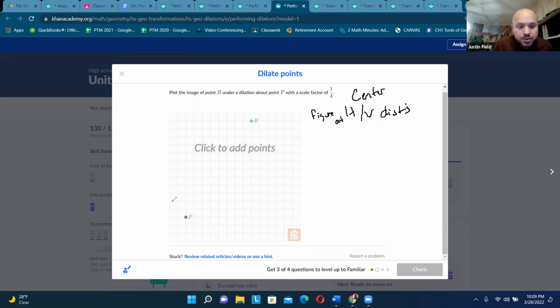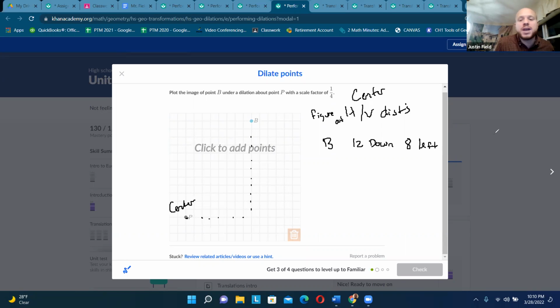So here's our center. So how far down is it? 1, 2, 3, 4, 5, 6, 7, 8, 9, 10, 11, 12. So B is 12 down. And then after you go 12 down, you got to go 1, 2, 3, 4, 5, 6, 7, 8 to the left.